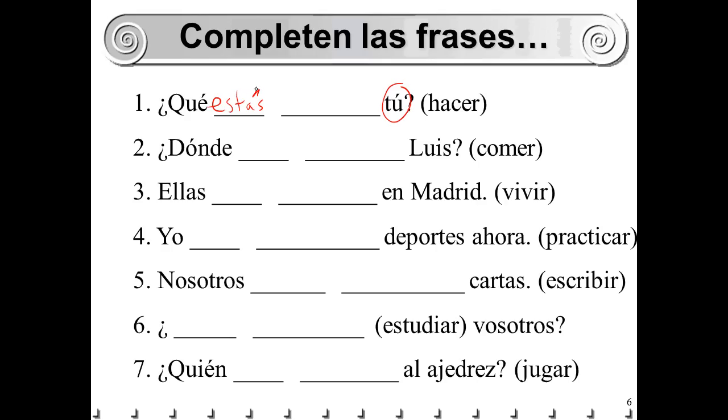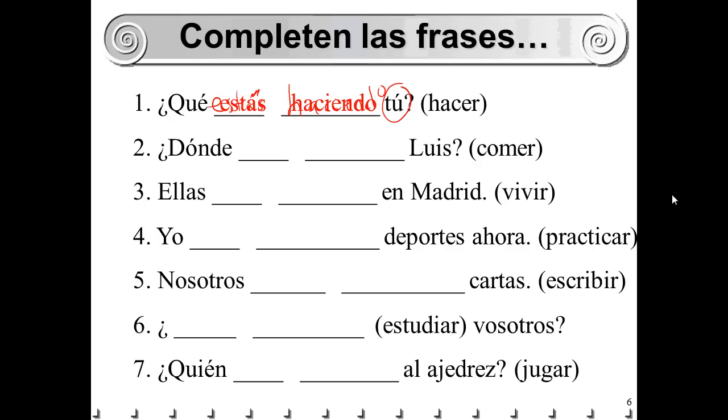So what are you? And then doing, hacer would be doing, the ing, so you would take out the ending, and you have estás haciendo, okay? Does that make sense?